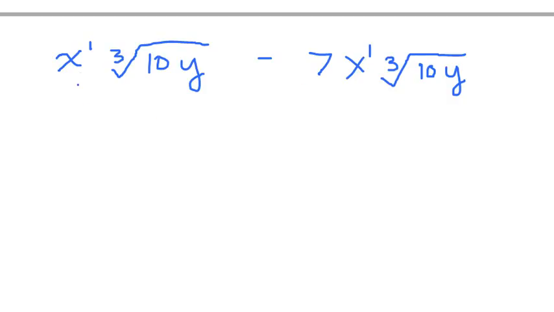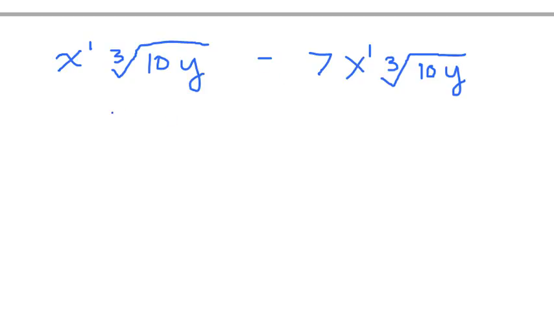In other words, these are like terms also. Okay, so that's kind of important here. So if these are like terms, then we can just go ahead and add them together. So as you can see, these must not just be like radicals, but this variable must be like this one.